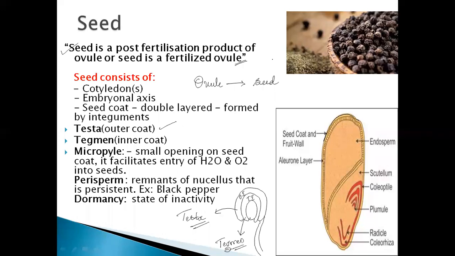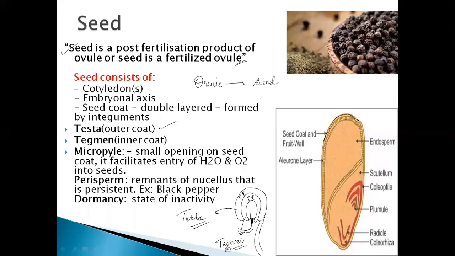Now coming to the micropyle. Can anyone tell me what a micropyle is in their own words? There is a small opening called the micropyle, and this micropyle helps in the movement of the pollen tube.